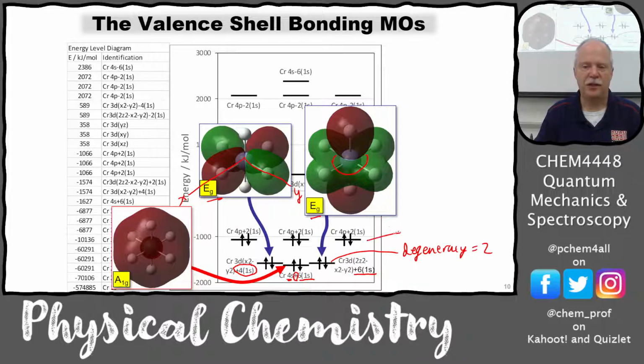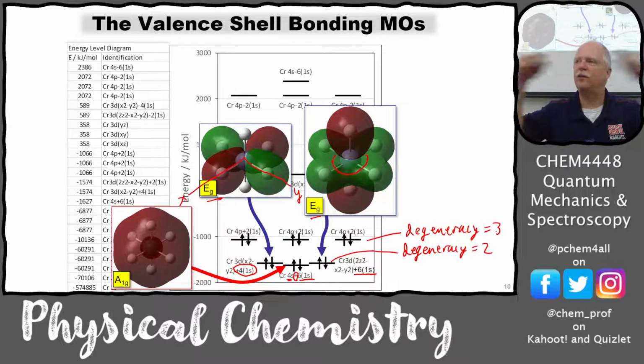And then for this one, the degeneracy equals 3. That's something you should notice. In these MO diagrams, when you have 3 orbitals together, that has a degeneracy of 3. When you have 2 orbitals together, it's a degeneracy of 2.